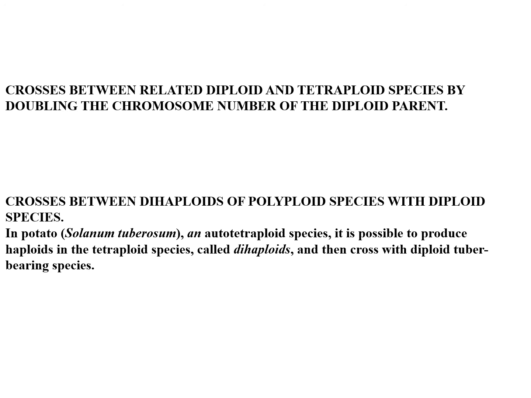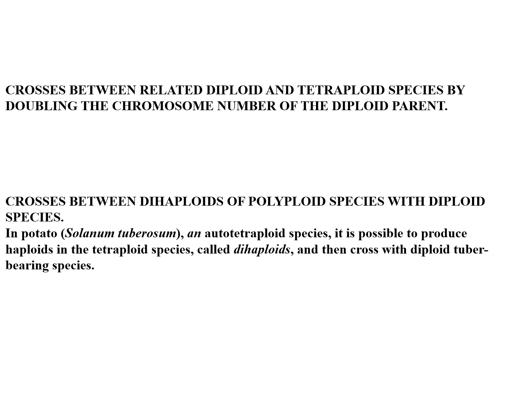Instead of doubling the diploid species chromosomes, we sometimes make a haploid of the tetraploid. So we make a haploid of the tetraploid, which we call a dihaploid, then we cross it to the diploid species, and the plant that is produced, the F1, we can redouble another time and produce what we call a new hybrid species with all the genes that we need.